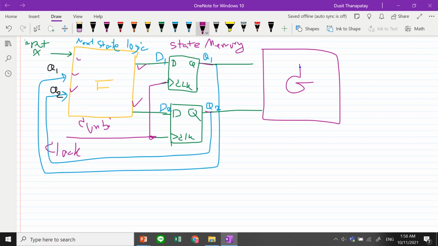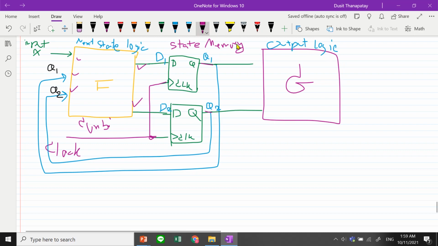And the last component, which is used to convert the state value to the output of the circuit, is called the output logic.